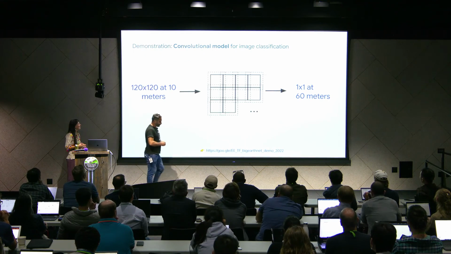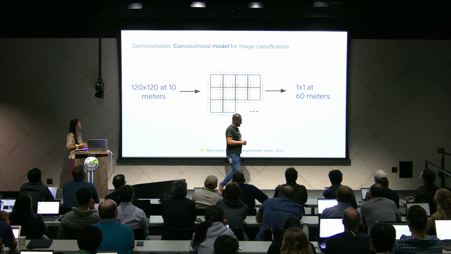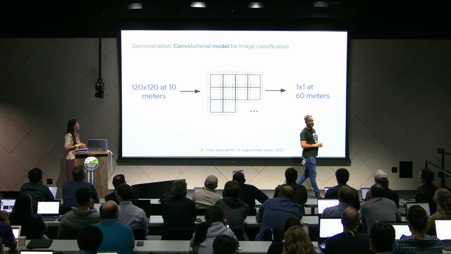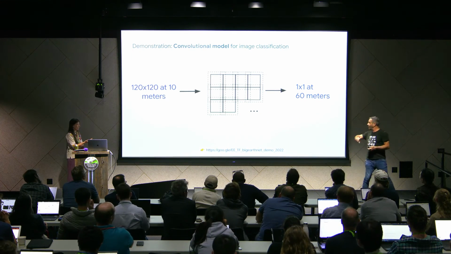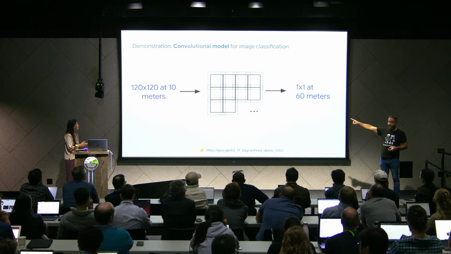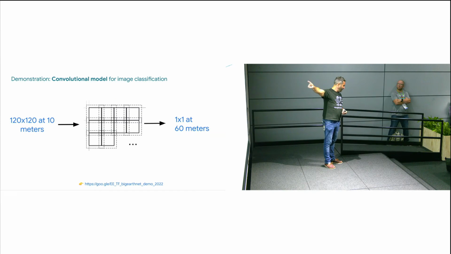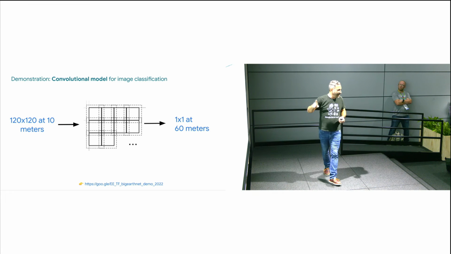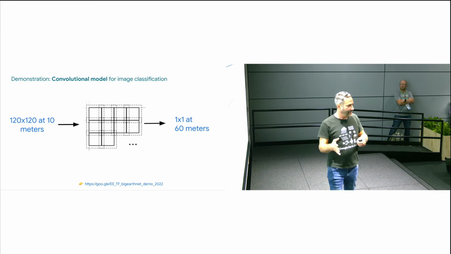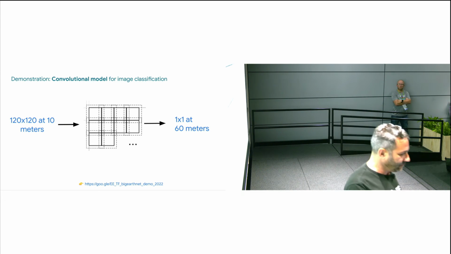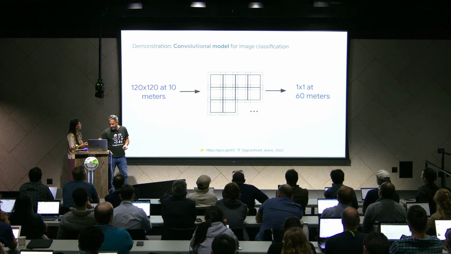Next example. This is a convolution. This is an image classification model. So, patch goes in, label comes out. This is a very different thing. This is not patch goes in and patch comes out. In fact, you're reducing the resolution of the input here.